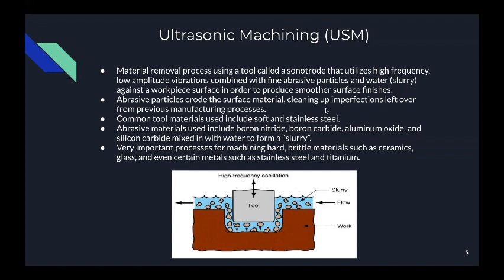Ultrasonic machining is essentially a material removal process or a surface finishing process, which typically consists of a tool called a sonotrode that utilizes high frequency, low amplitude vibrations, placed above and in between a work slurry, which is a mixture of water and fine abrasive particles. These abrasive particles essentially erode the surface material, which allows for removing small defects on the material surface.